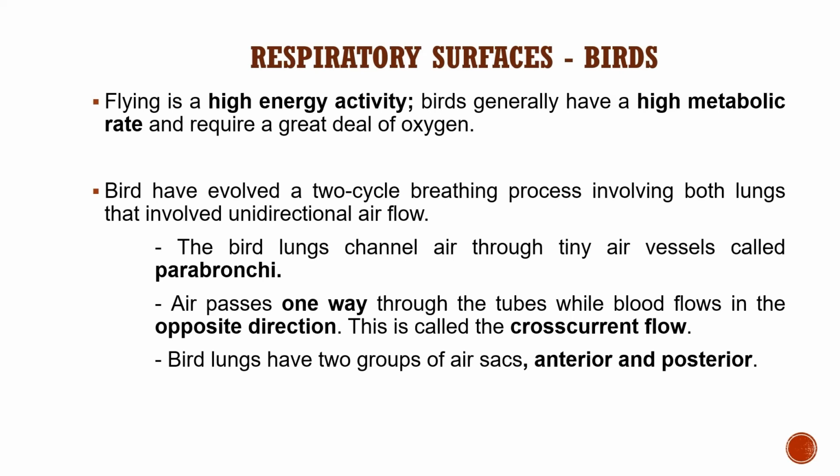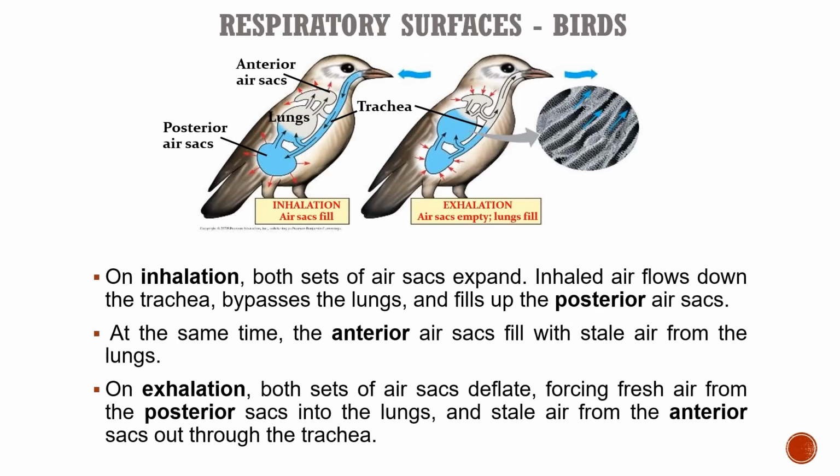Birds' lungs have two groups of air sacs, which are anterior and posterior. On inhalation, both sets of air sacs expand. Inhaled air flows down the trachea, bypasses the lung and fills up the posterior air sac. At the same time, the anterior air sac fills with stale air from the lung.